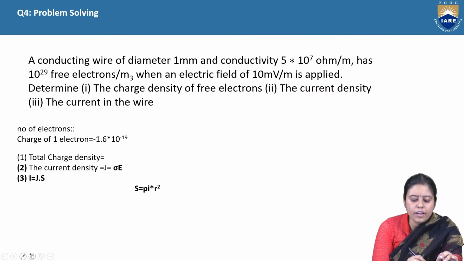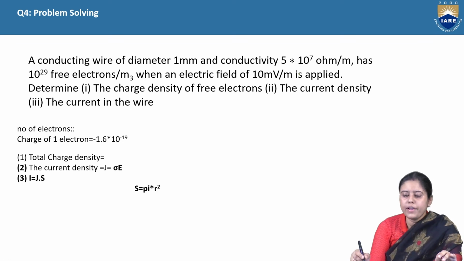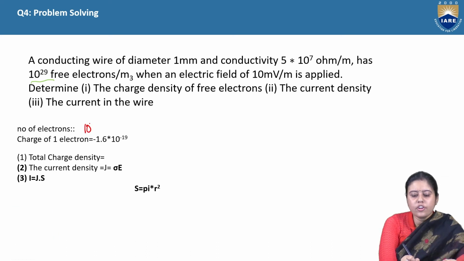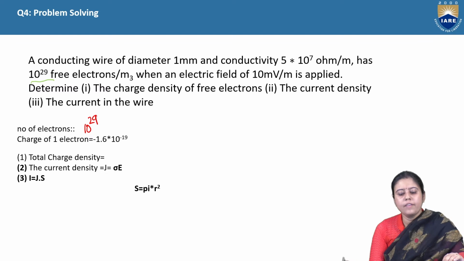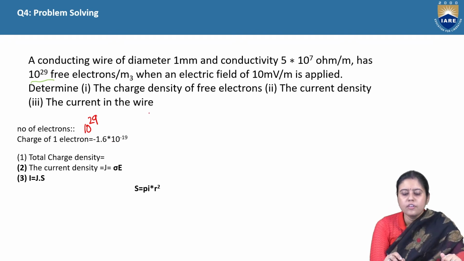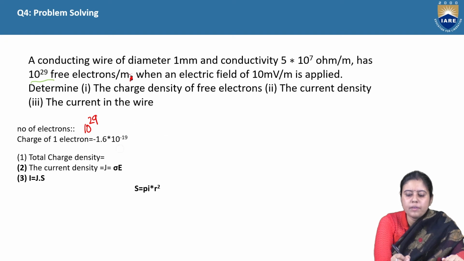So how to calculate the charge density? Already it is given that 10 to the power 29 free electrons are there. So number of free electrons is 10 to the power 29. What is the charge of 1 electron? 1 electron charge is minus 1.6 into 10 to the power minus 19. So first question, determine the charge density. What is the meaning of per meter cube?